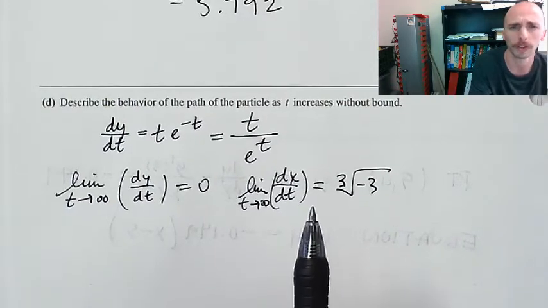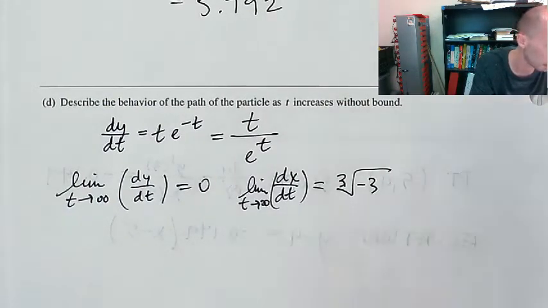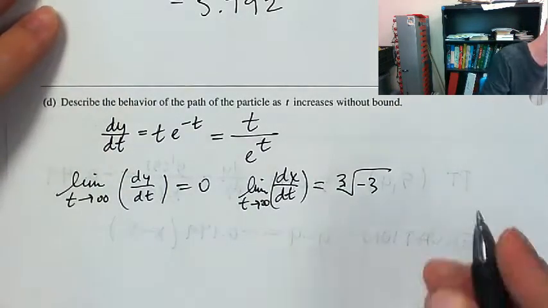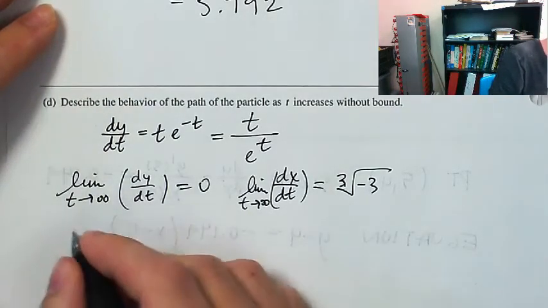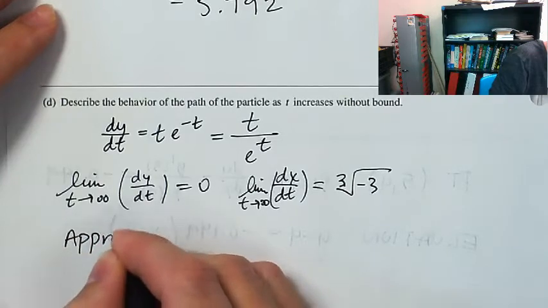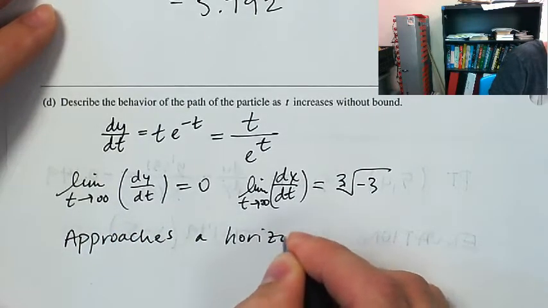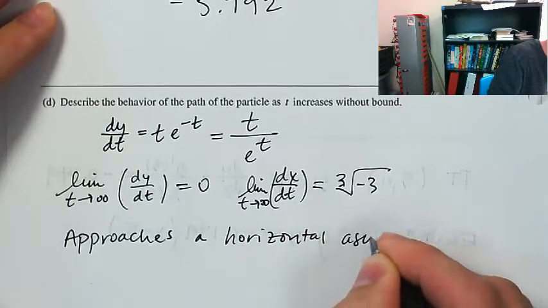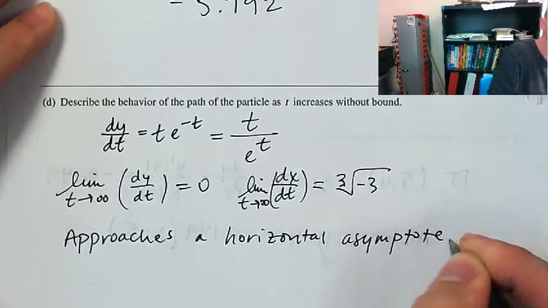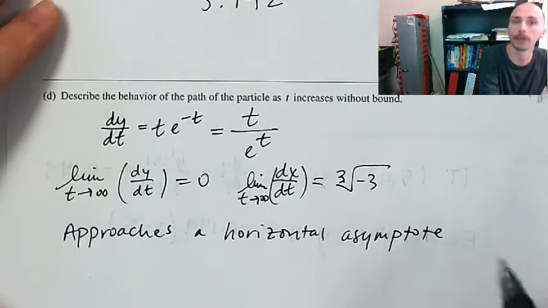I'm going to look up the scoring guidelines for this one real quick and try to describe to you what it's saying. I'm going to say that it approaches a horizontal asymptote is one thing I'm going to say.